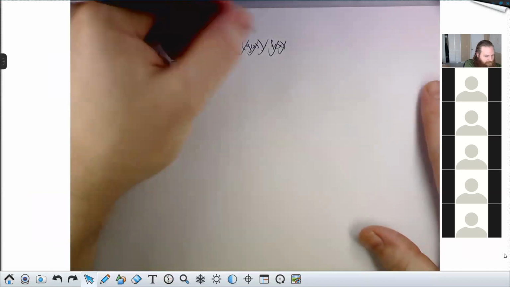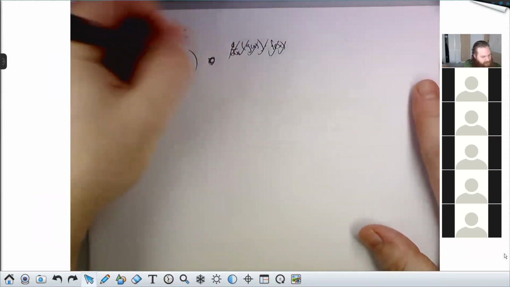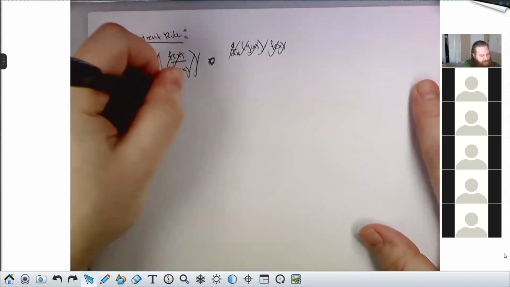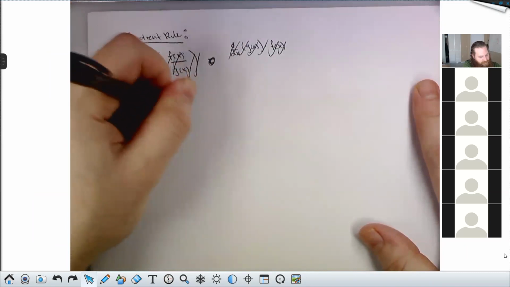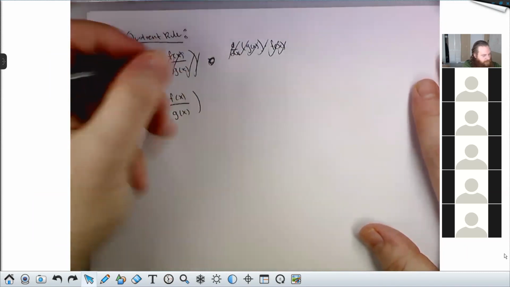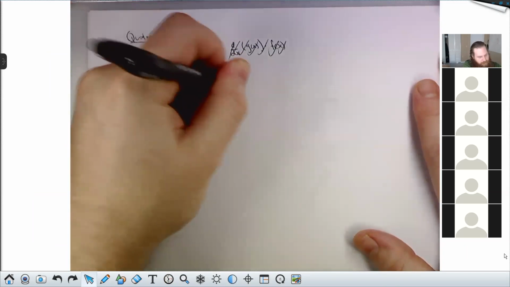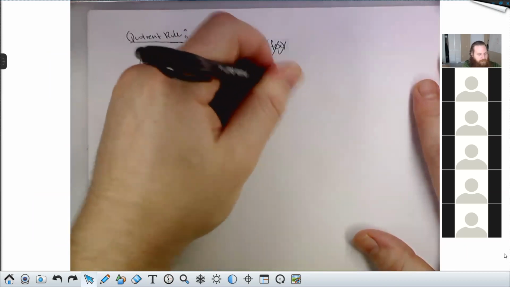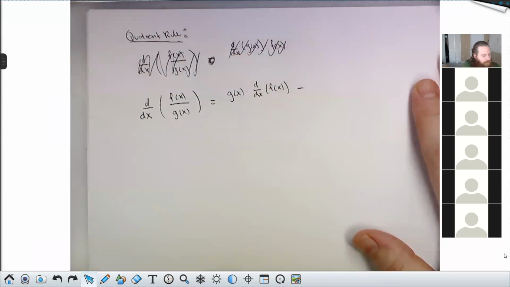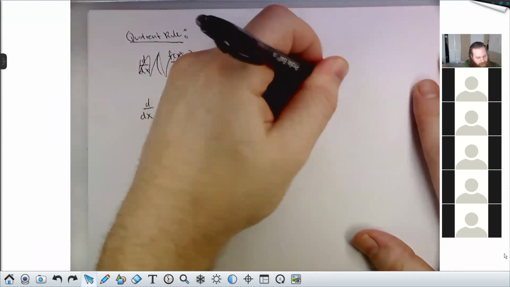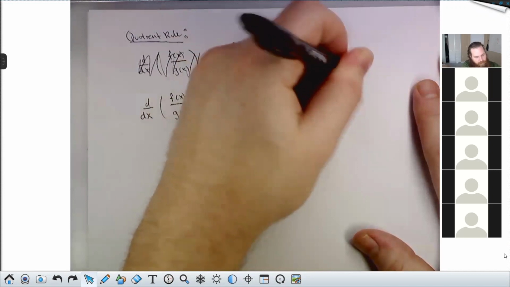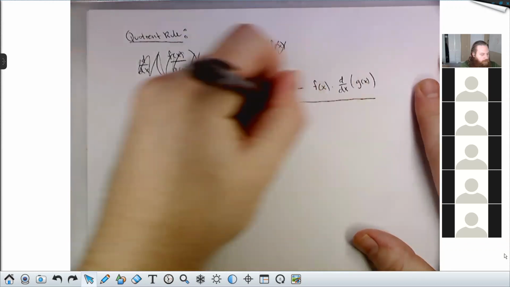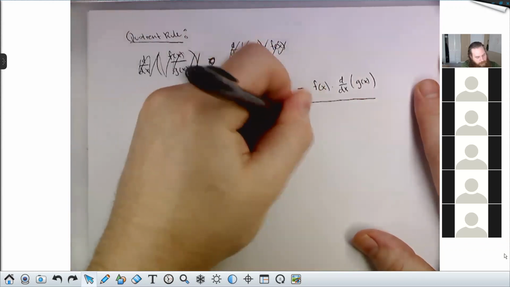All right, here. So the derivative of f of x over g of x is the bottom g of x times the derivative of the top, minus the top f of x times the derivative of the bottom, all over the square of the bottom.